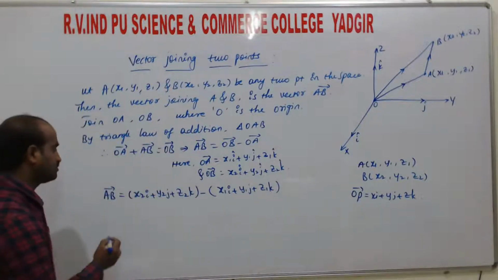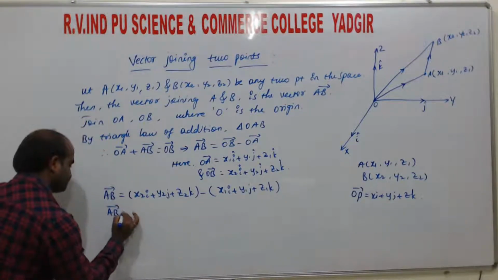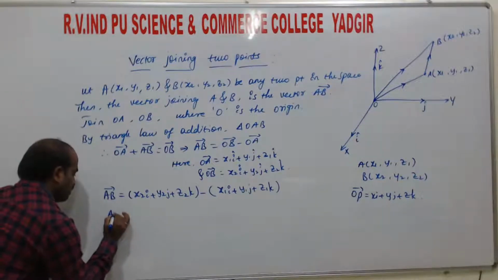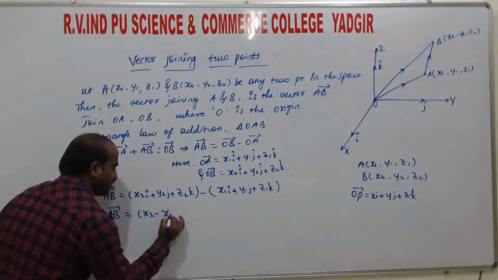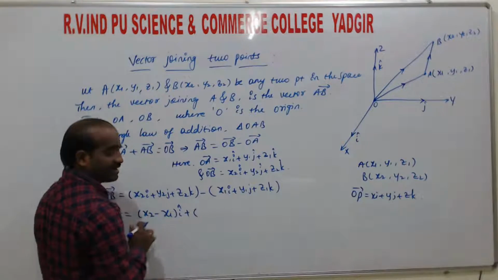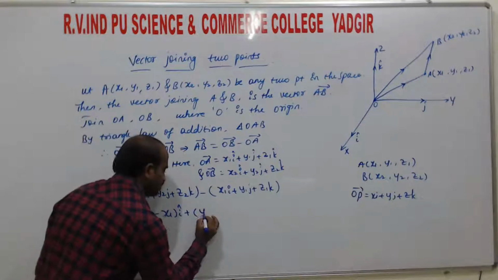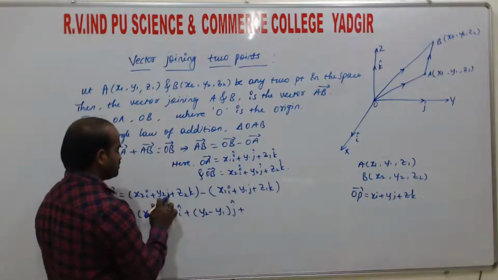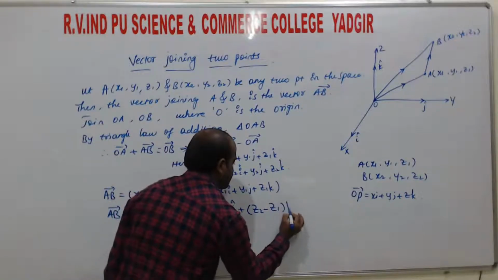Separating i, j, k, we subtract: AB vector is equal to x2 minus x1 into i, that is x2i minus x1i, plus y2 minus y1 into j, where j is common, plus z2 minus z1 into k.